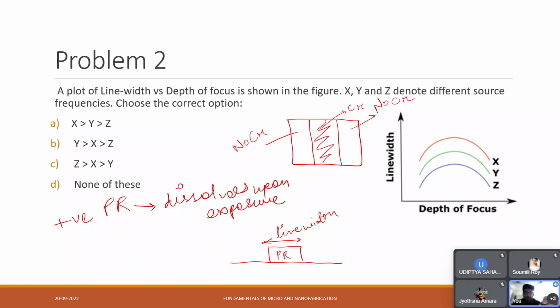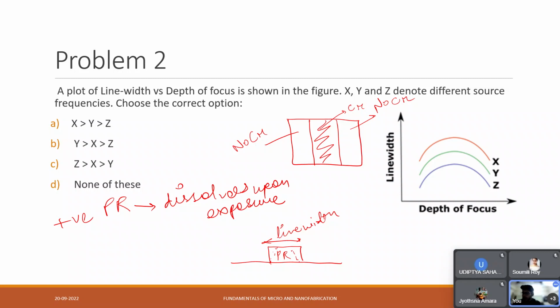So we know that when we add more energy in the case of positive photoresist, the exposure will increase, and as we expose more, it will dissolve more. So this line width will get smaller if we expose it more.